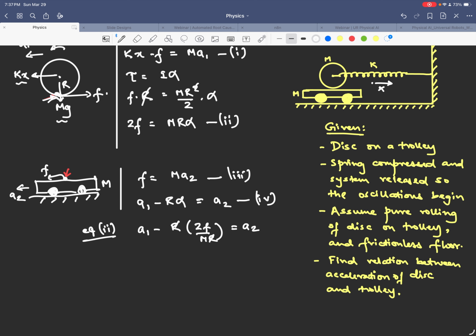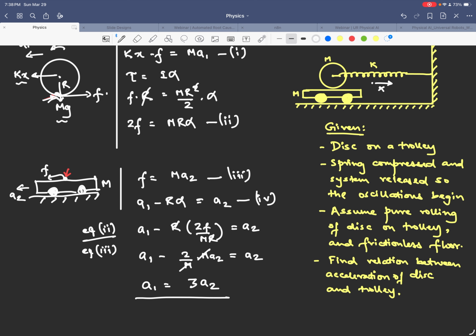And now I also know that using equation 3, a1 minus 2 by m times f, which is given by ma2, equals a2. M gets cancelled, which just leaves us with what we exactly need, that a1 is 3 times a2. And this is the relation which we wanted, that the acceleration of the disk is 3 times the acceleration of the trolley.